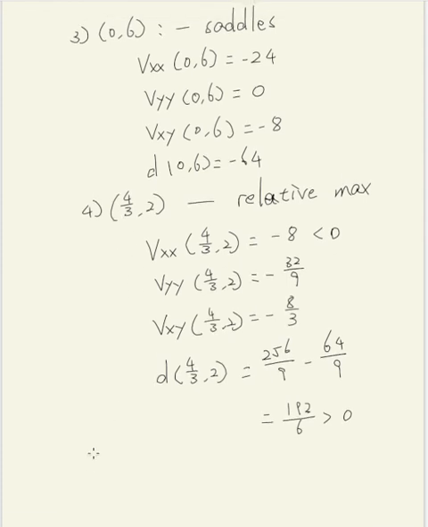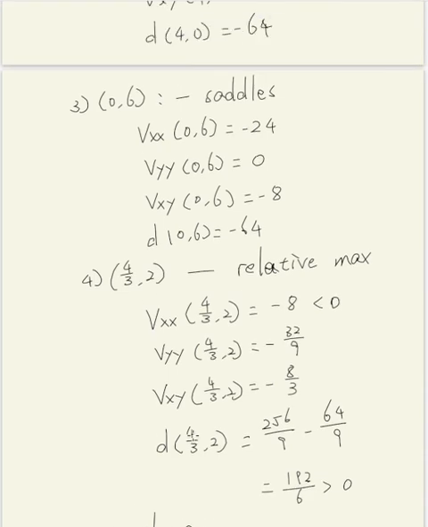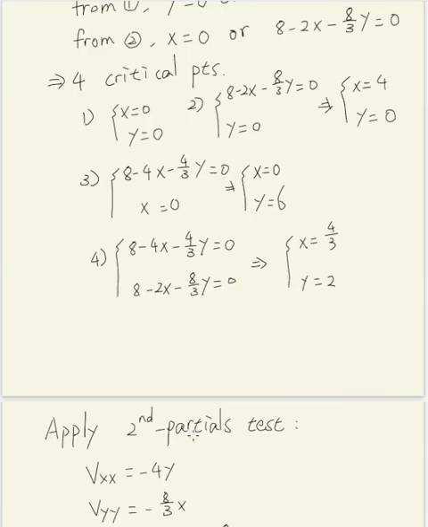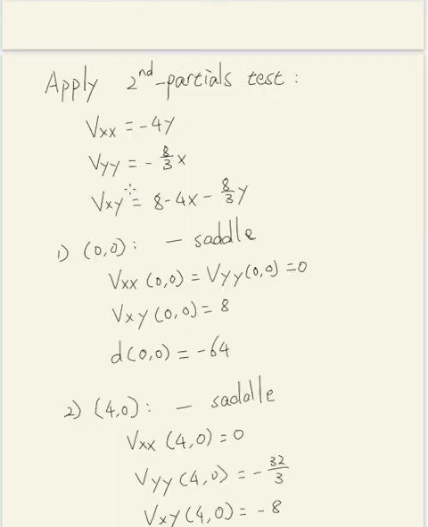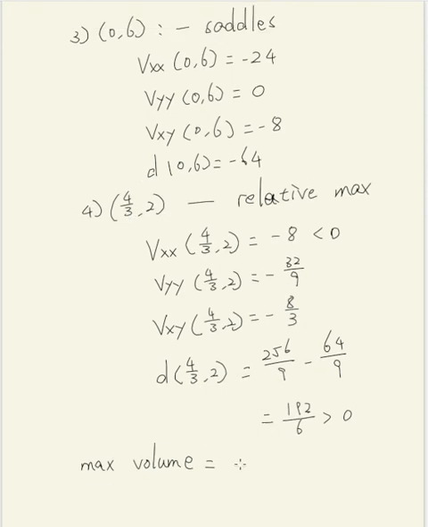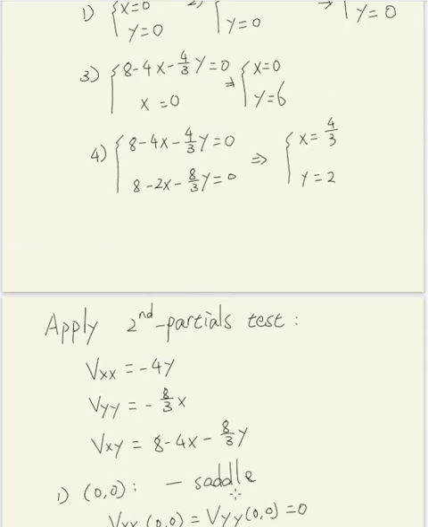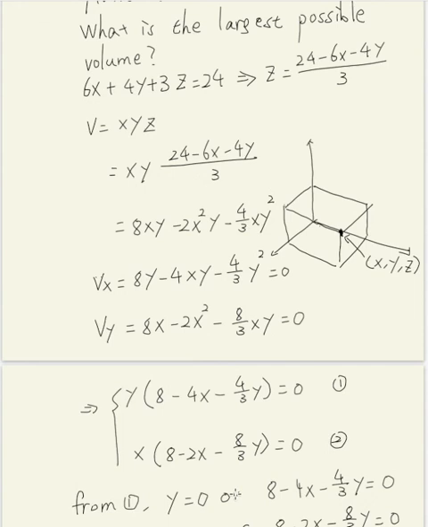The only thing remaining is to actually compute the volume. Now the max volume is, we'll plug in 4 over 3 and 2 into our expression for V. So it's just V of 4 over 3 and 2.